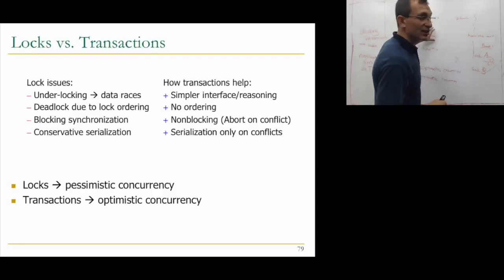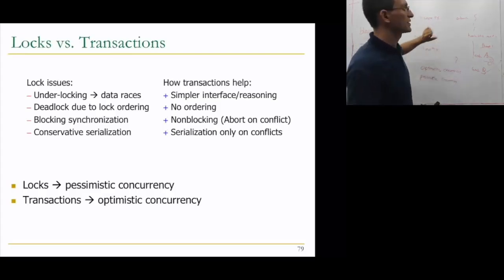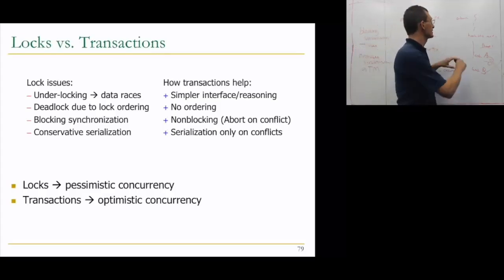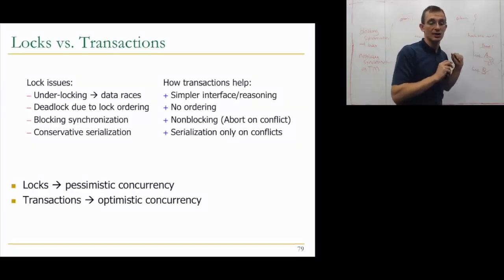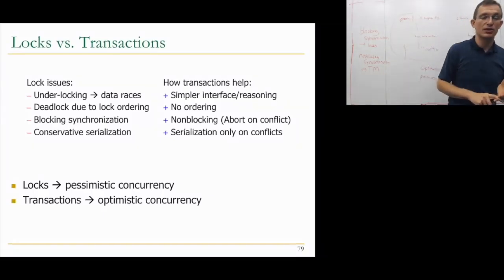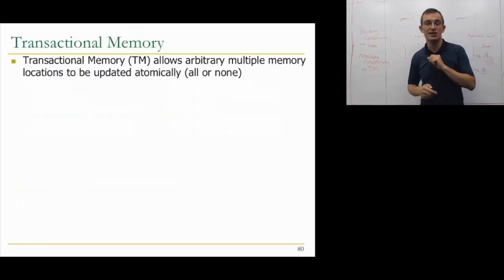Whereas transactions serialize only on conflicts. Right? The conflict is detected dynamically and serialization is then forced if there is a conflict. Whereas if there is no conflict, two transactions can execute concurrently. And that's the idea of optimistic concurrency versus pessimistic concurrency that we've discussed.